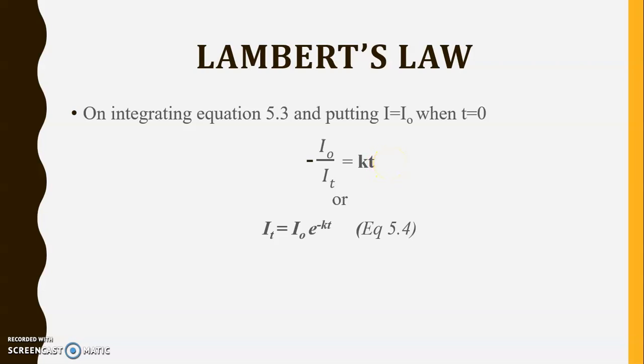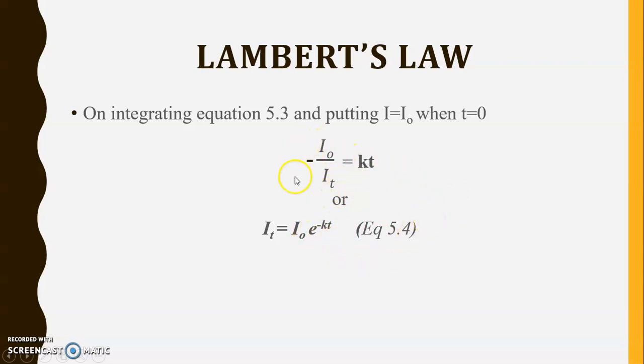By simplification of this equation, we will get It equals I0 e raised to minus kt. So this e is used as a base, and we are considering this as equation 5.4.